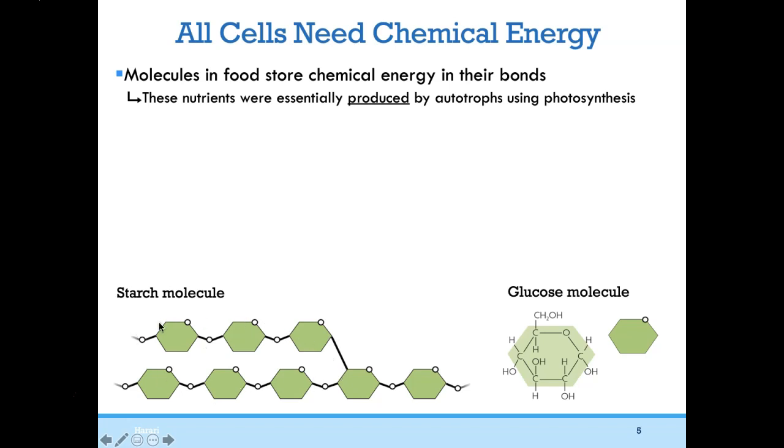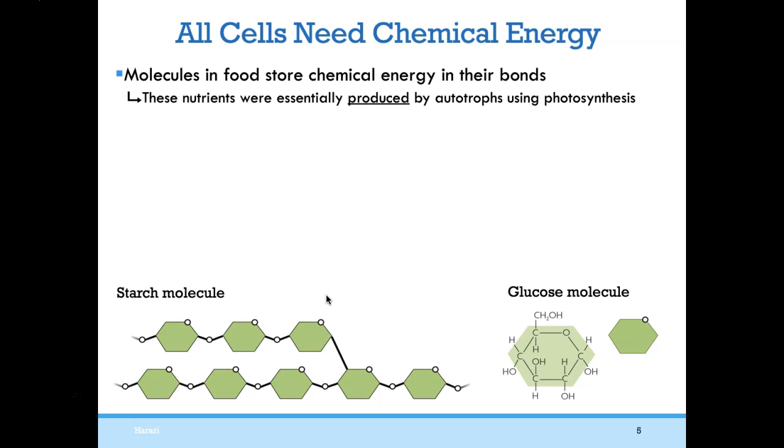So we can harvest all the energy contained in these bonds and transfer it to ATP so our cells can use that energy. And when you eat that sandwich and you eat that bread, those nutrients in the bread were essentially produced by autotrophs using photosynthesis. So where did the starch in your bread come from? Well, it came from the wheat plants.